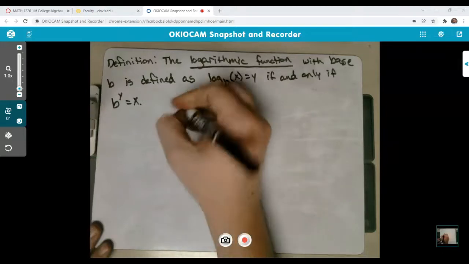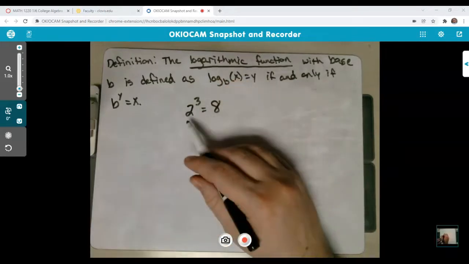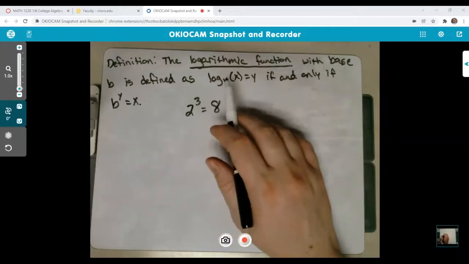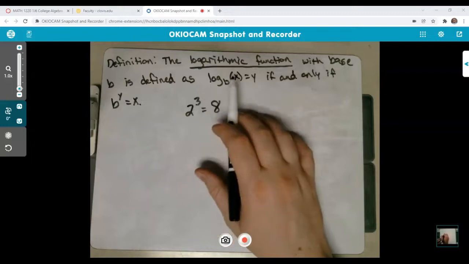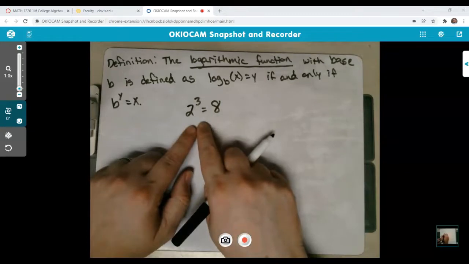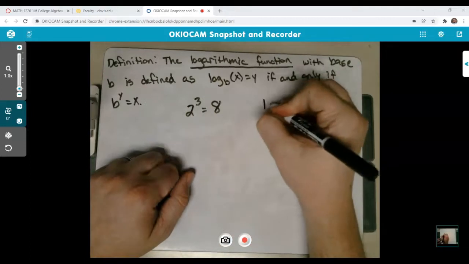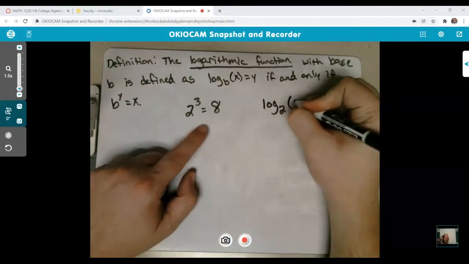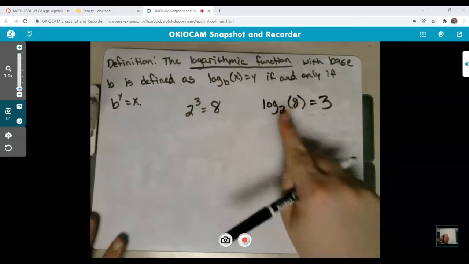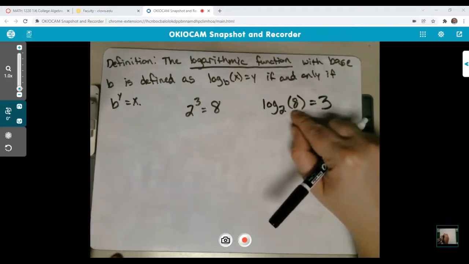So we know 2 to the power of 3 is equal to 8. We know that, right? Because 2 times 2 times 2 is 8. What a logarithm tells me is the power. So I could rewrite this statement I know is true as log base 2 of 8 is equal to 3, because what a logarithm tells me is what power I've got to raise my base to get that thing, okay?